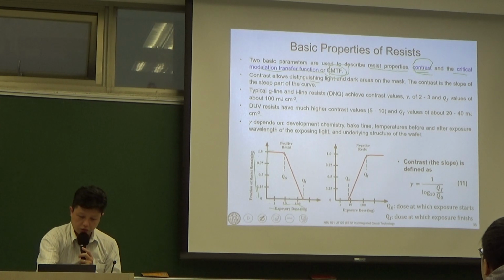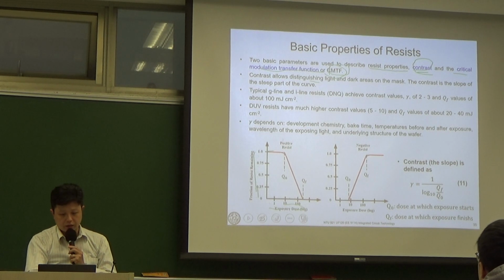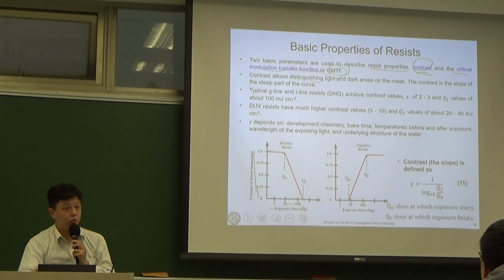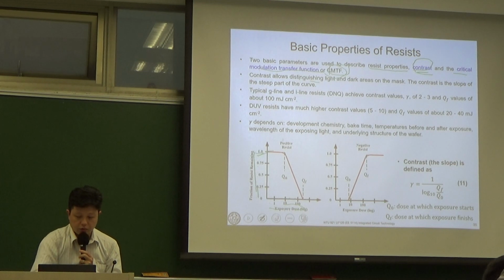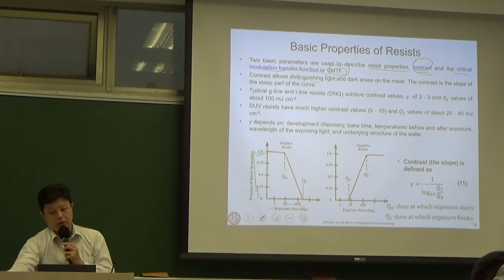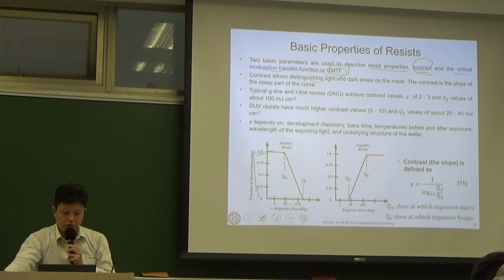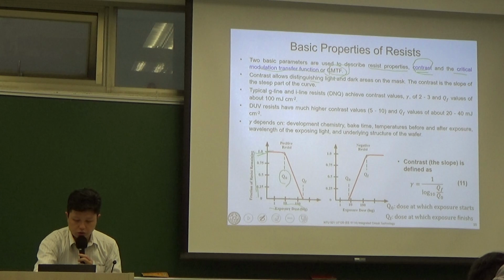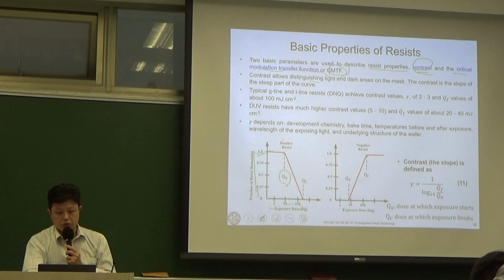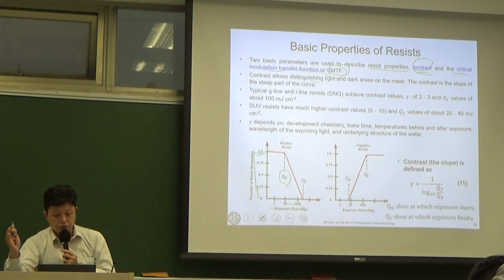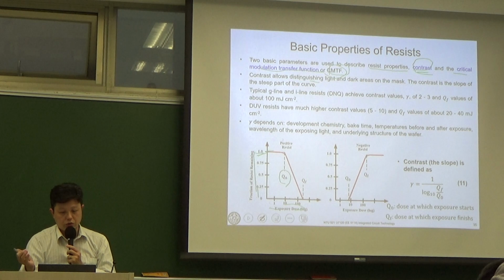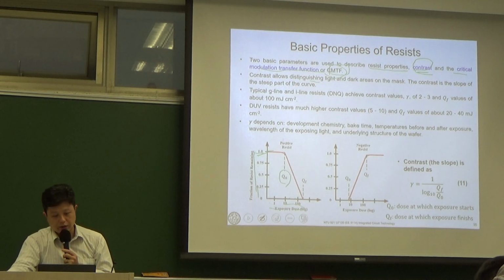Right. So if your dose is not high enough, it doesn't even begin to expose and develop. So you can see that the remaining fraction is almost 1, which means nothing happens. But once you reach this Q0, which means the threshold dose, now you begin to have some reaction in your resist.